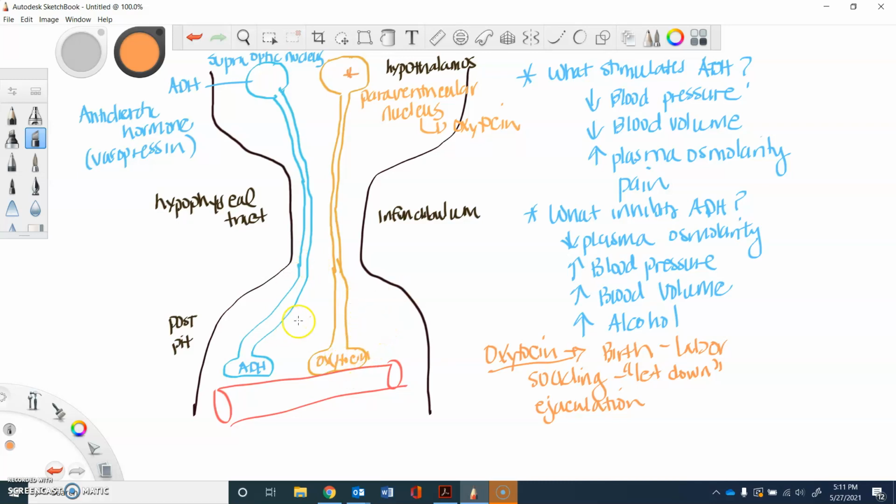Again, those hormones are secreted due to the stimulation from the hypothalamus. The hypothalamus will tell posterior pituitary to secrete those hormones into the blood. Okay, so pretty simple as far as the posterior pituitary. Not much going on, not much to remember for that.